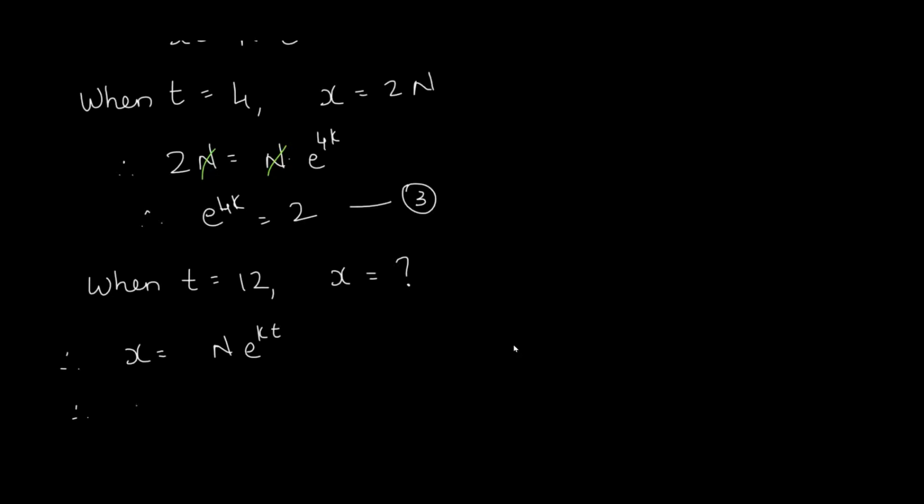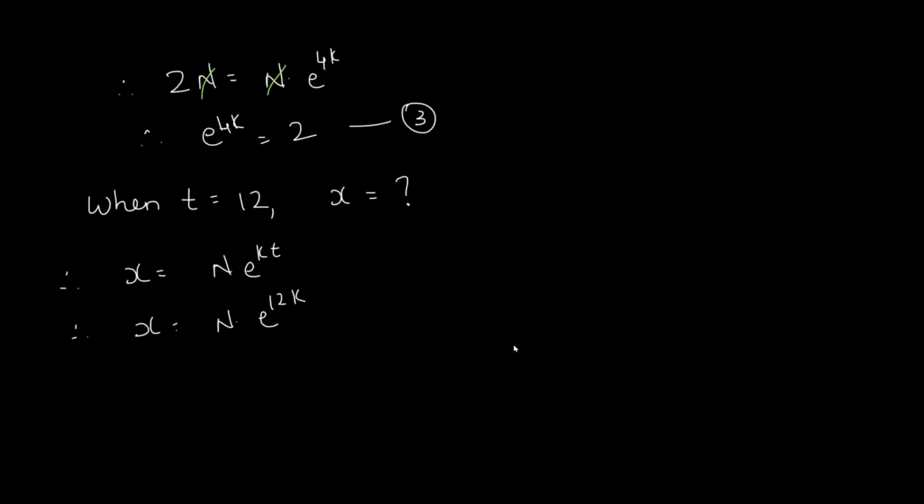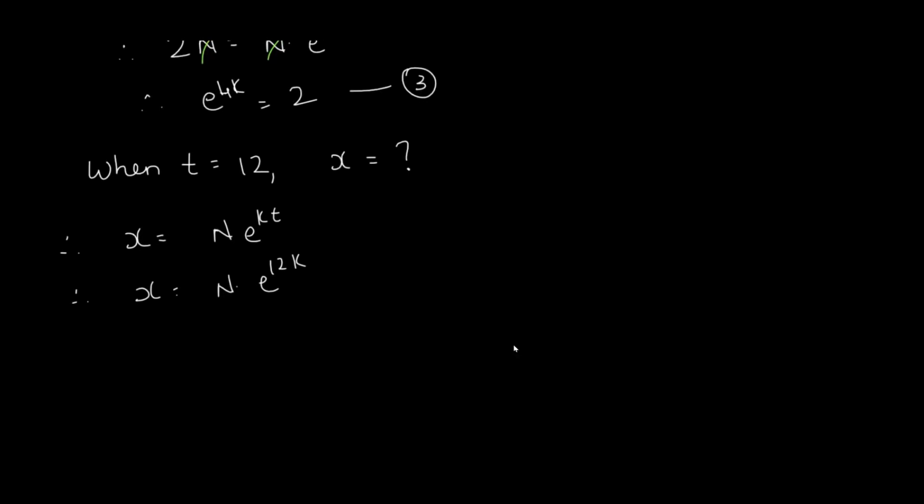So therefore x is equal to n into e raised to 12k, because t is 12 in this case. Now pay attention to the next step properly. So here we can write it this way now. Therefore x is equal to n into e raised to 12k. Now 12k can be written as 4k into 3.